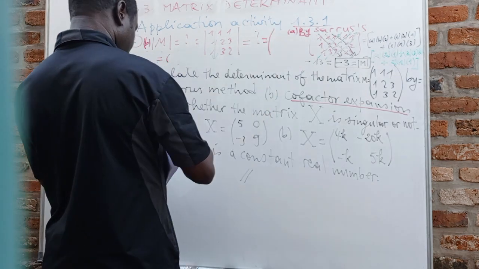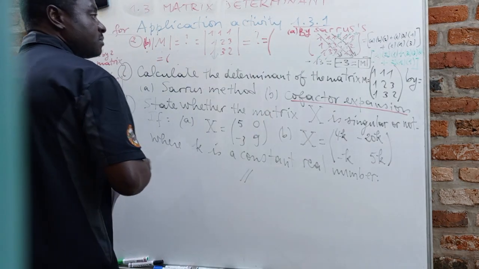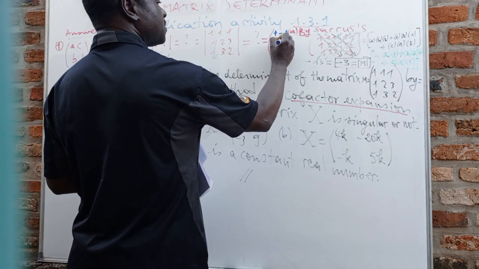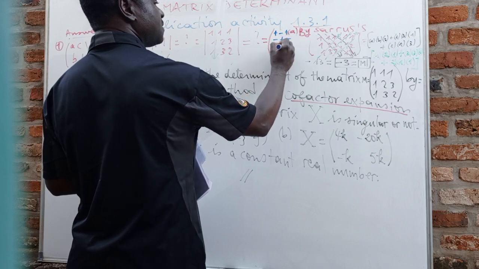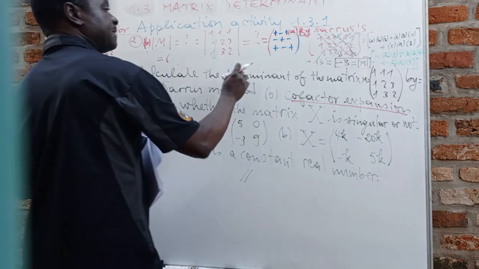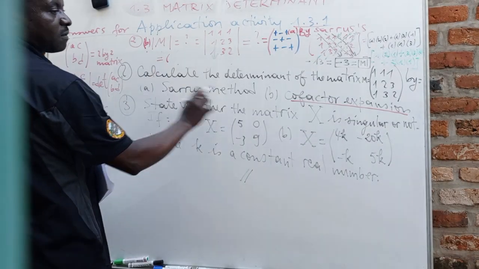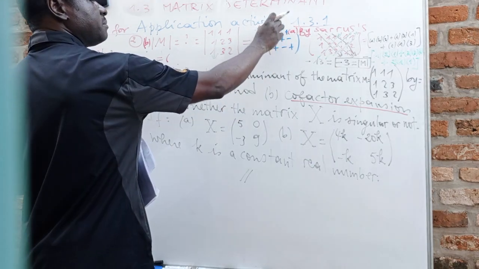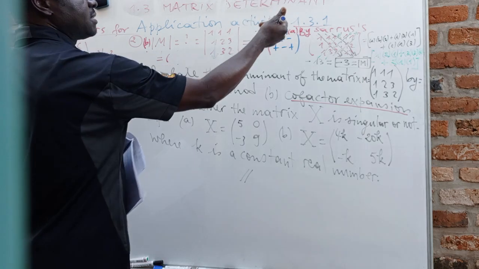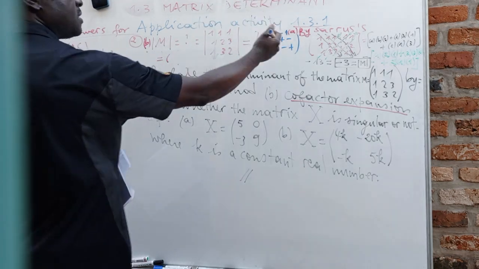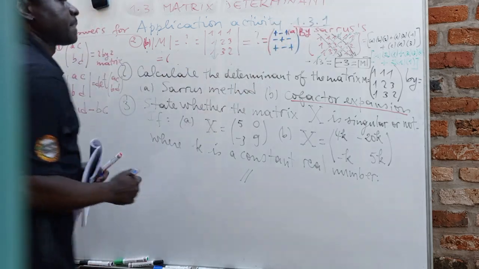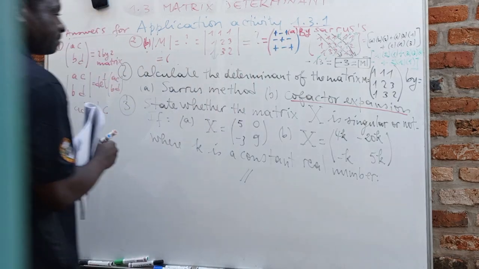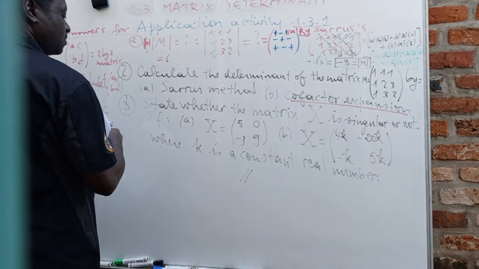You could pay attention: plus and negative, positive, negative, positive, negative, then positive, negative, positive, because for the cofactor expansion, for each cofactor, this power of -1 will alternate from one row to another, as well as from one column to another. Okay, that's why we have this scheme, this picture.